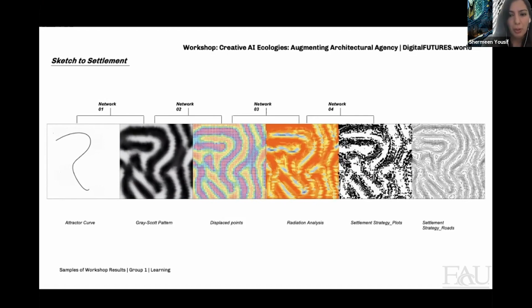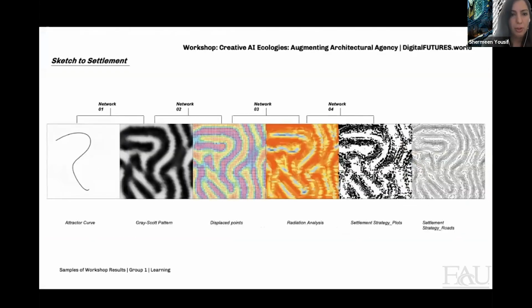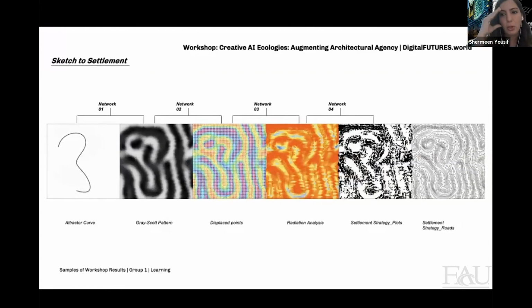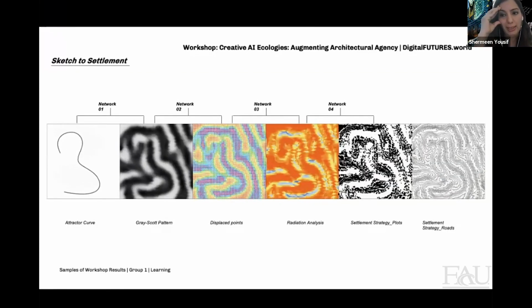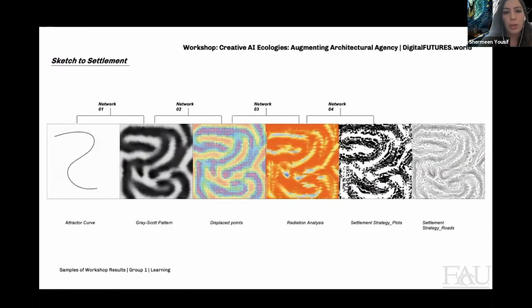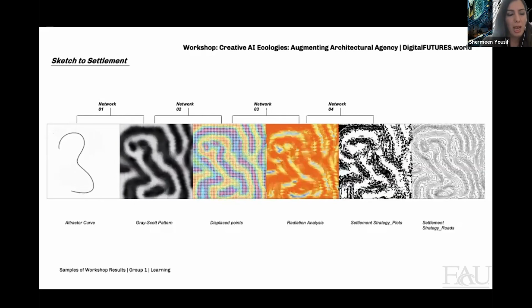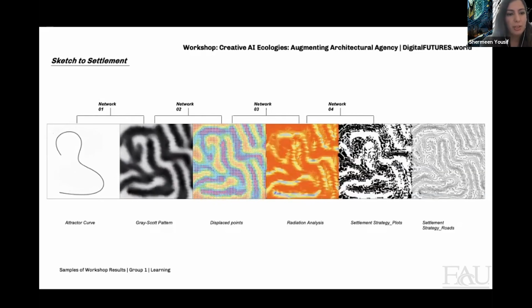With group one, they focused on the concept of learning, and they used pix-to-pix networks with paired data, starting on the left side with just a sketch and an attractor curve.